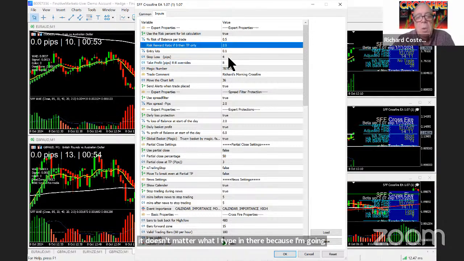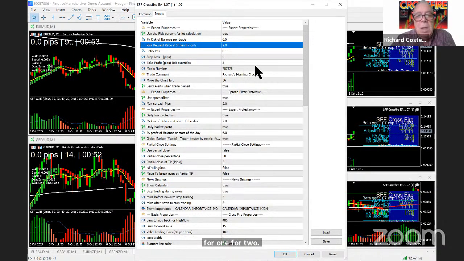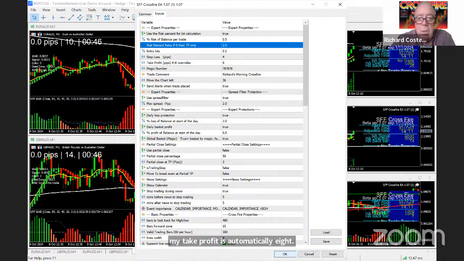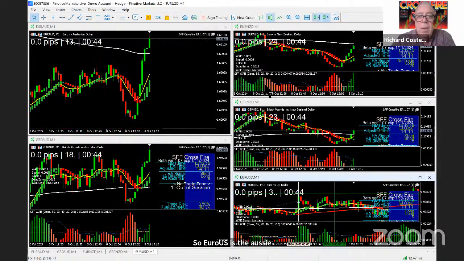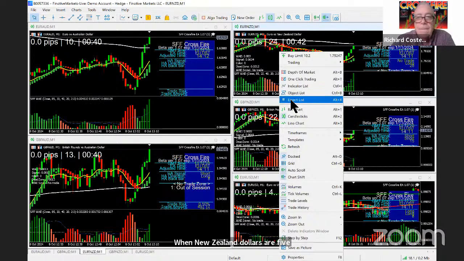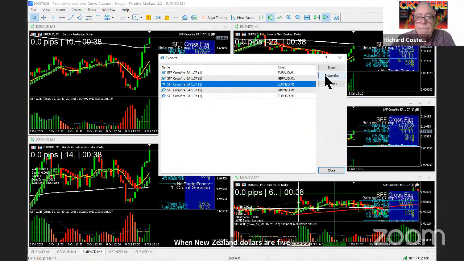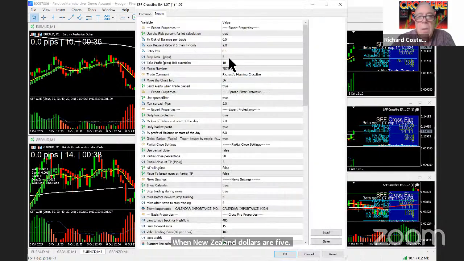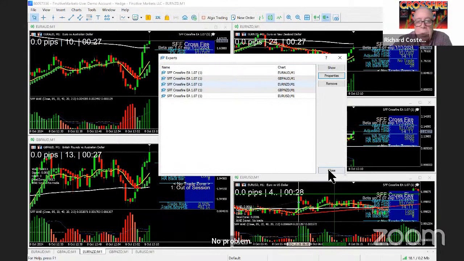So if my stop loss is 4, my take profit is automatically 8. So Euro USD is 3, the Aussie dollar pairs are 4, the New Zealand dollars are 5. So 5 pip stop loss, 10 pip take profit. So 3, 4, and 5 on the morning session.